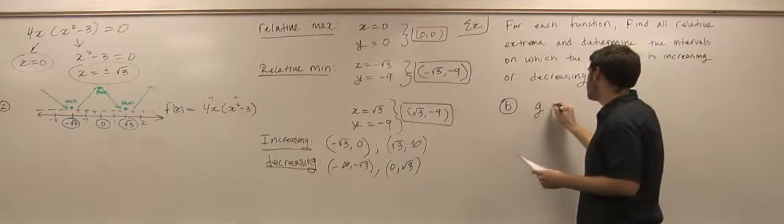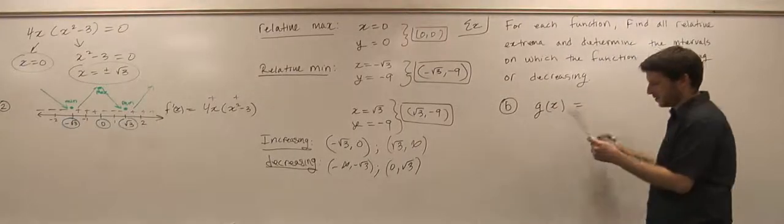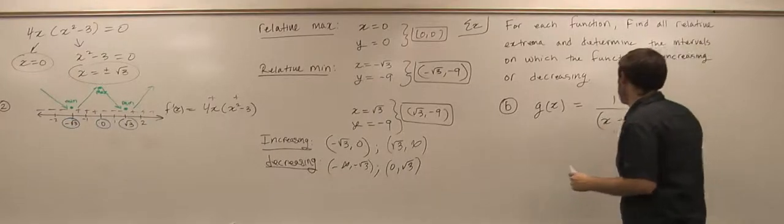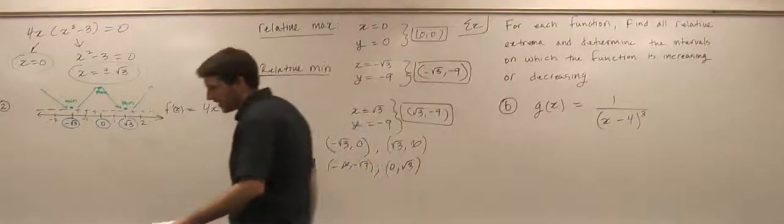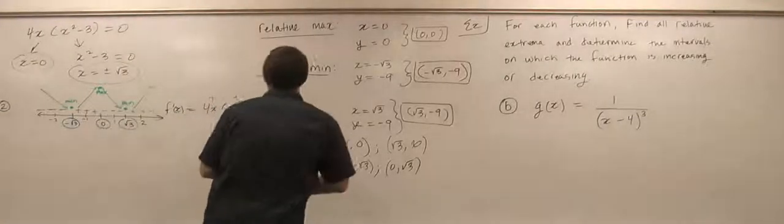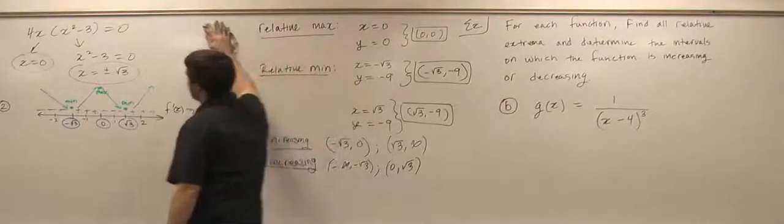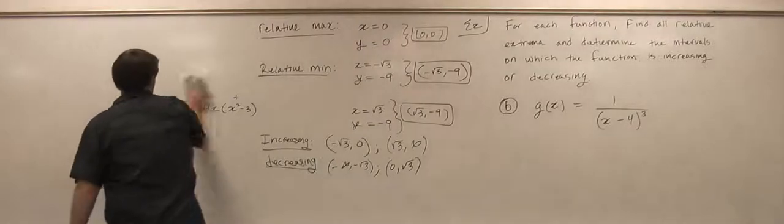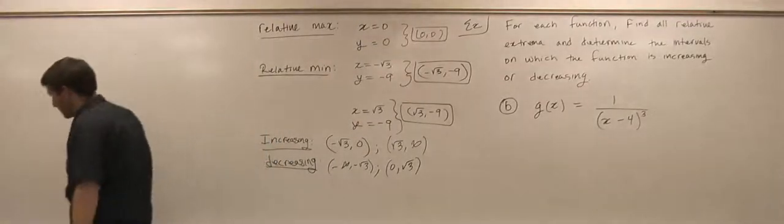So you have to be a little careful when you have denominators. Here's another function. I want the relative max, relative min, increasing, decreasing. When I'm supposed to find the relative max and relative min, what do I do?